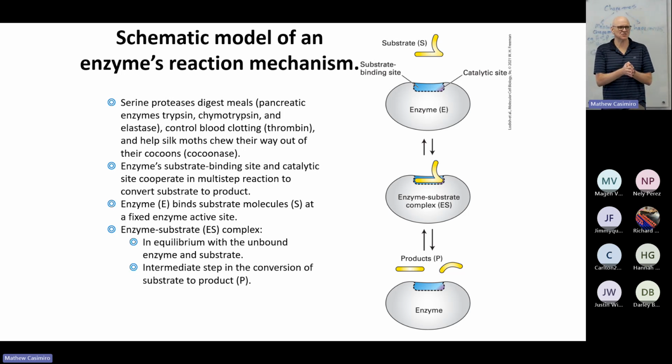So in essence, it's not really that they bind the substrate very, very strongly. It's because they stabilize the transition state, allowing the reaction to move forward, right? And therefore lowering the delta G for that particular chemical reaction.